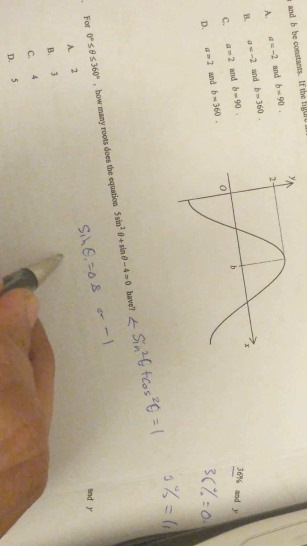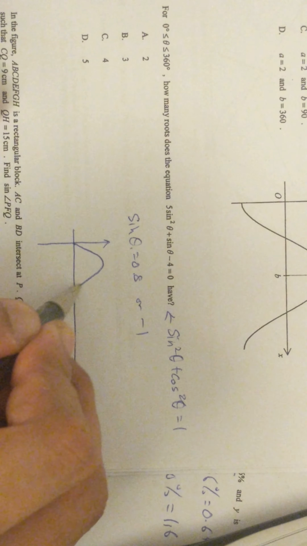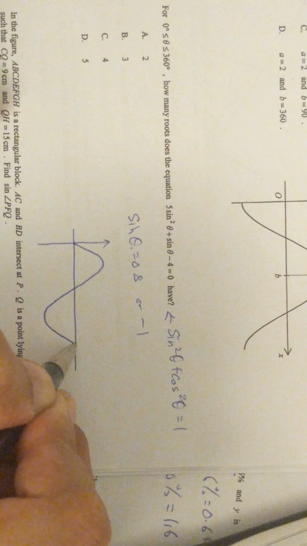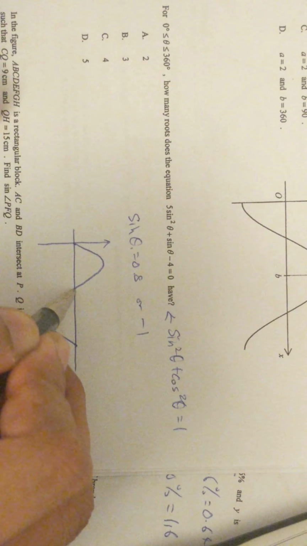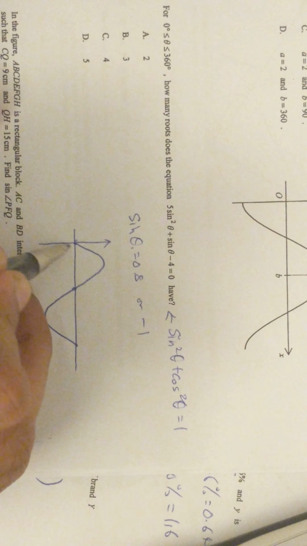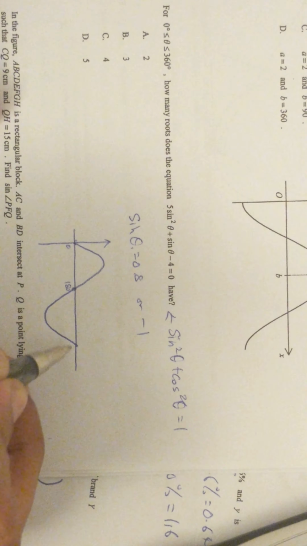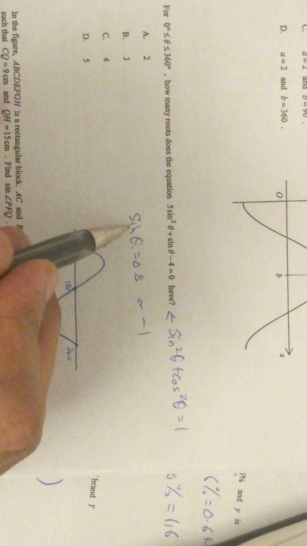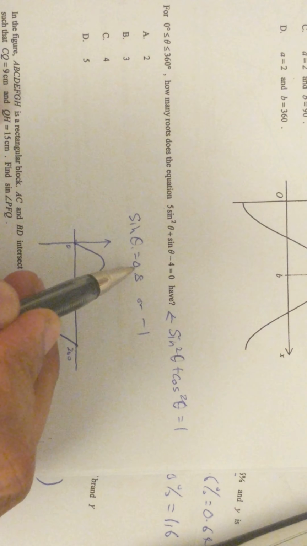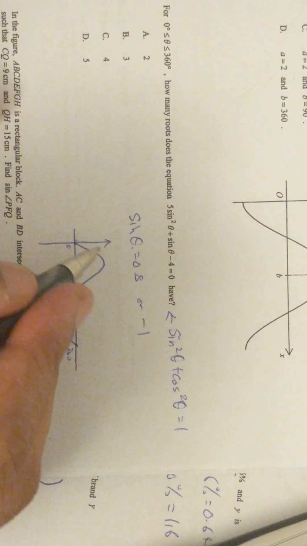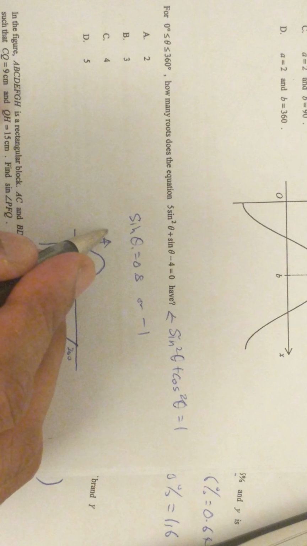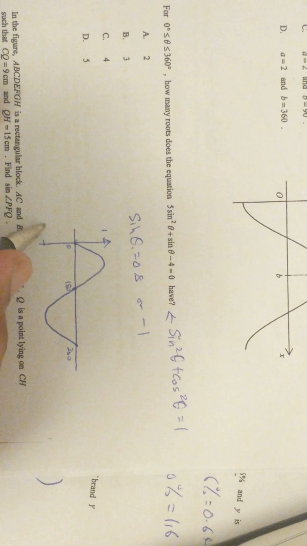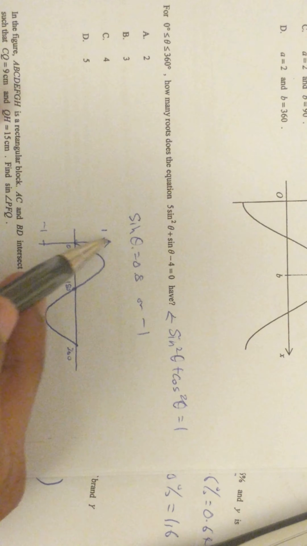Now, if you know how a sine curve is, a sine curve looks like this. It starts from 0 and goes back to 0 after 360. So 0, 180, and 360. They're asking you when the sine theta curve is at 0.8 and negative 1. If you also remember, the maximum and minimum values of sine curves are 1 and -1.